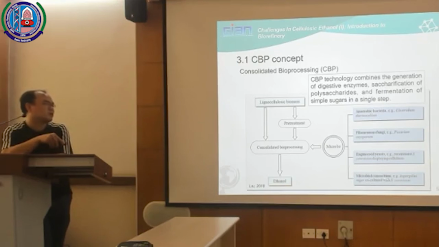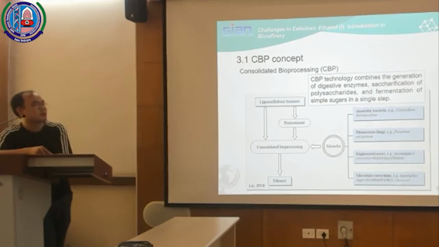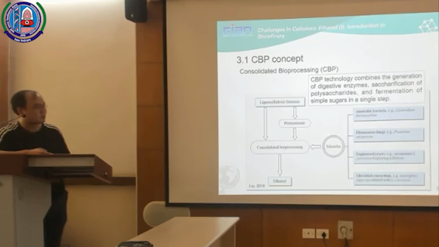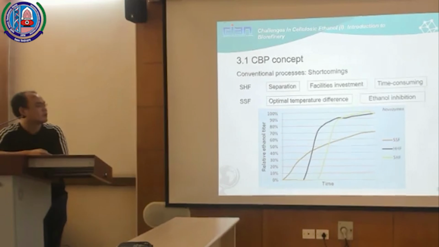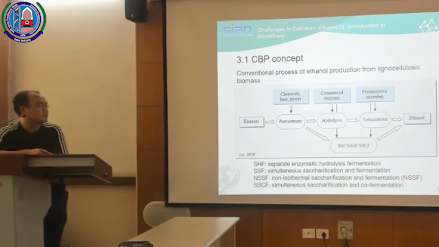A consortium usually uses a cellulolytic microbe and a fermentation microbe, maybe a yeast, maybe a xylose-fermenting microbe. So finally, we get the ethanol. This process is very simple. It saves us a lot of investment on facilities. We do not need to do separation at each step.